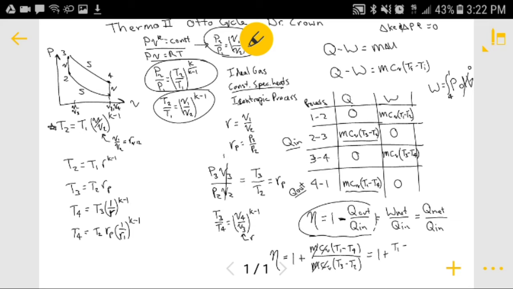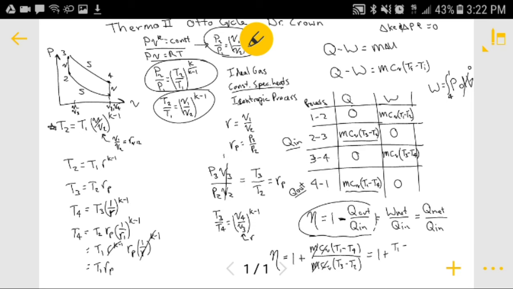But T2 can be written as T1 r to the k minus 1 times r_p 1 over r to the k minus 1. And so we find out that those two terms would cancel, and we get that T4 just equals T1 r_p.